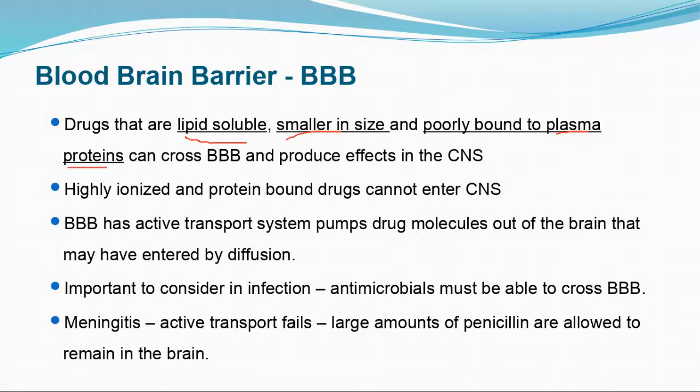These molecules of these characters, high lipid solubility, small in size, poorly bound to plasma proteins, can cross the blood-brain barrier and exert effects in the CNS. زي ما قلنا من شوية, highly ionized and the protein-bound drugs, drugs bound to the plasma proteins, they cannot pass or cannot enter the CNS.